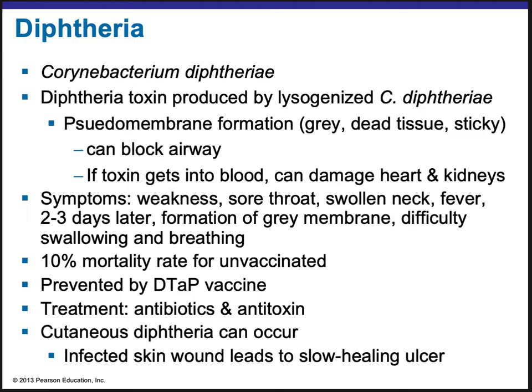Protect babies, protect children. DTaP, remember: diphtheria, tetanus, pertussis. We say there are antibiotics and antitoxin available to treat diphtheria, but that would require getting a diagnosis before the pseudomembrane forms, which is unlikely to happen.